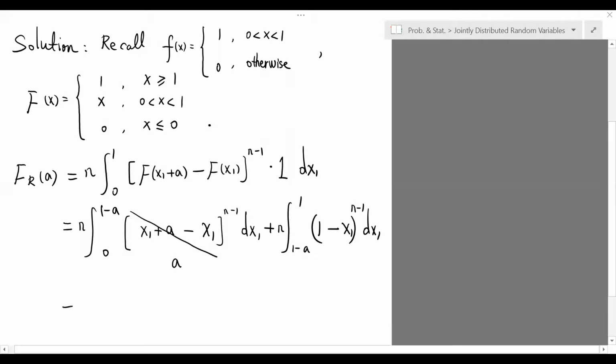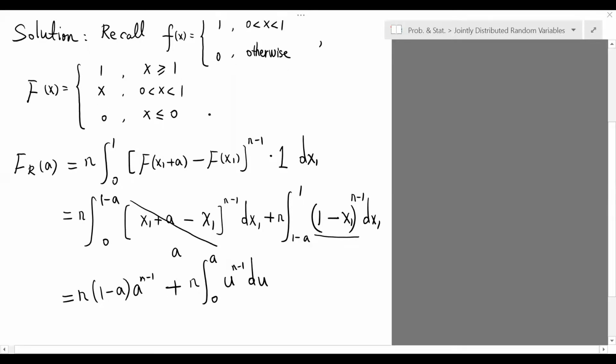The first integral is straightforward, and we will end up with n times 1 minus a times a to the n minus 1 power. And the second integral is not difficult. If we make use of the substitution that u equals 1 minus x sub 1, then the integral can be transformed into the integral from 0 to a of u to the n minus 1 power.